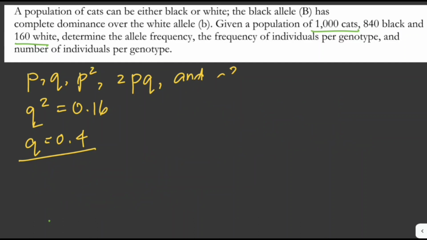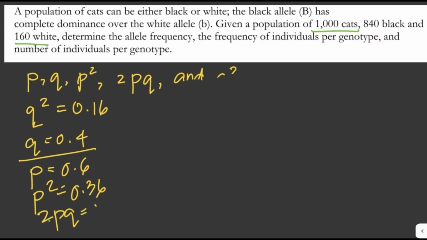Let's write all the values that we've solved here. p is equal to 0.6, p squared is equal to 0.36, 2pq is equal to 0.48.